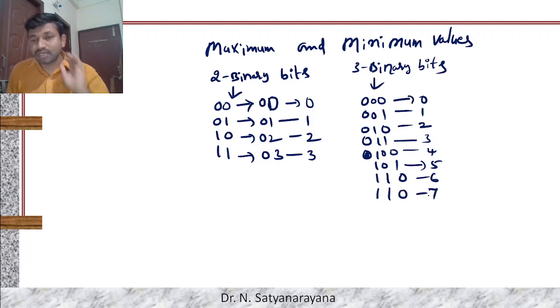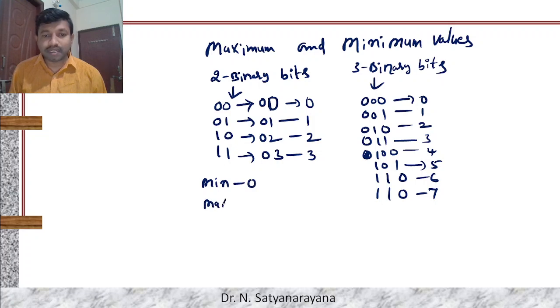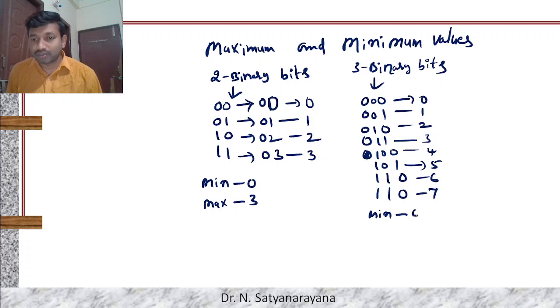From this I want the students to understand. If I have two binary bits, the minimum decimal value I can represent is 0, and the maximum decimal value I can represent is 3. With 3 bits, the minimum decimal value that I can represent is 0, and the maximum is all ones, 111, so it is 7.